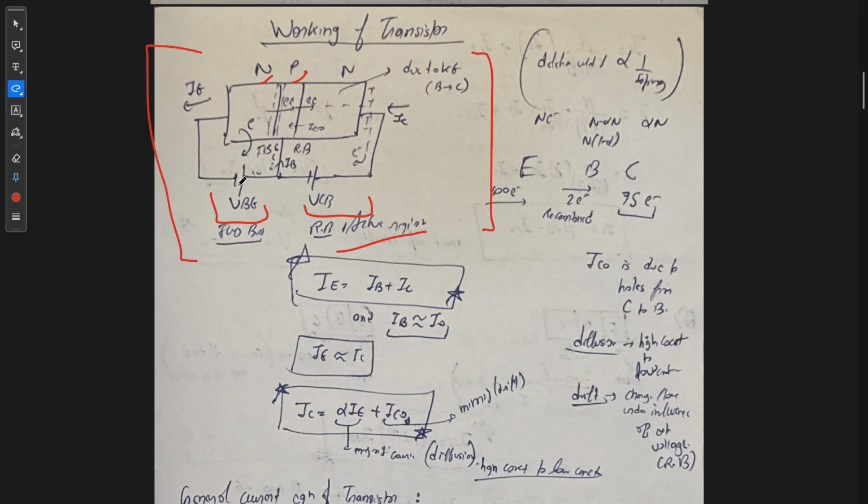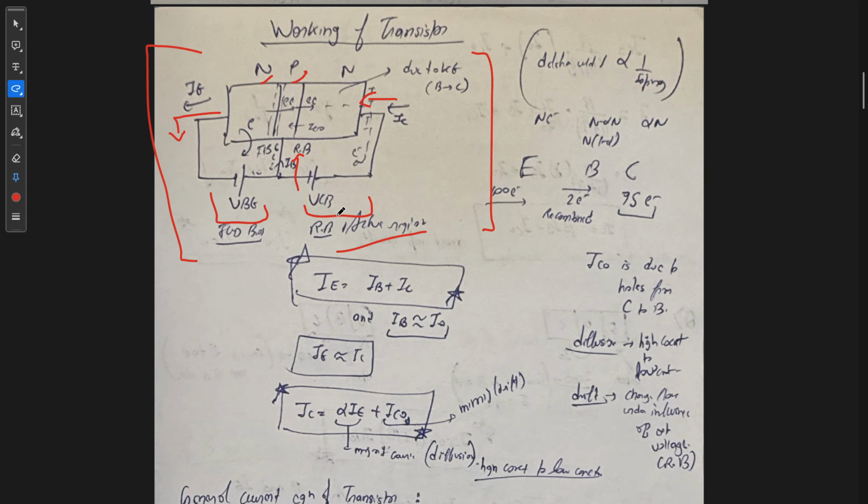On the forward bias, the base is applied with high voltage and the emitter is applied with low voltage. So the current will start to move from N to P, and the emitter current direction will be like this, and the base current direction will be like this. And the collector region is in reverse bias, so the collector current will move like this.